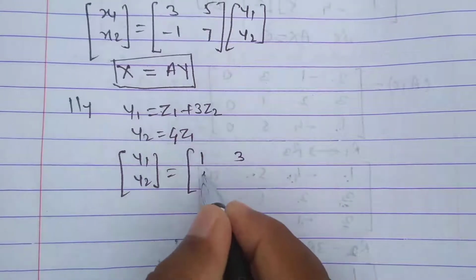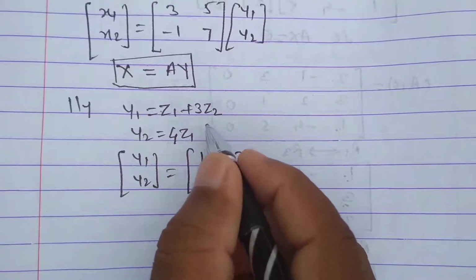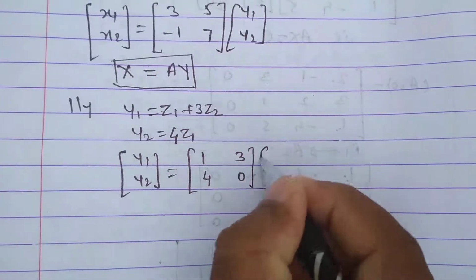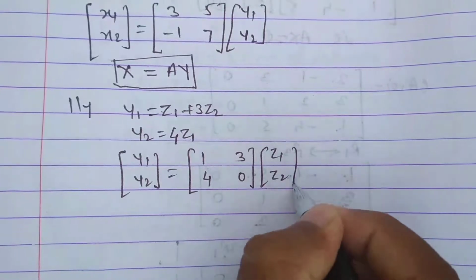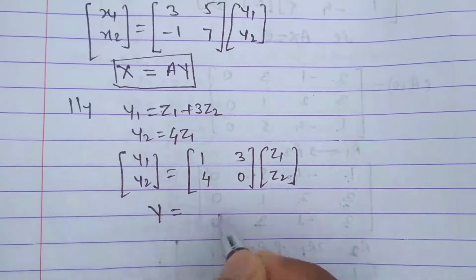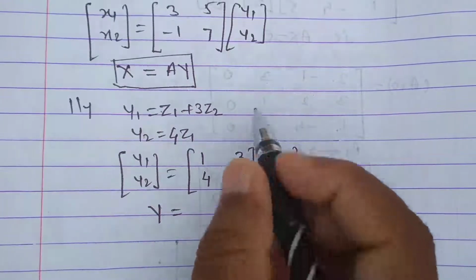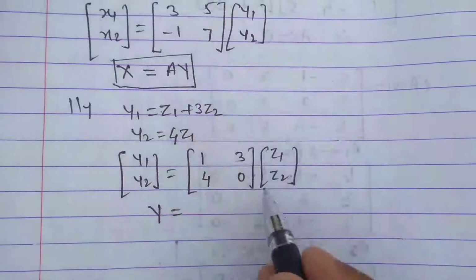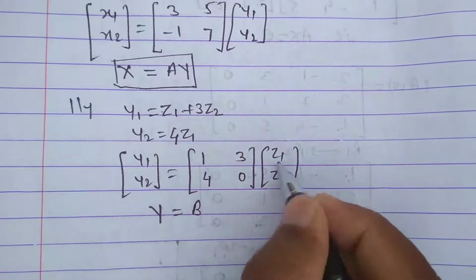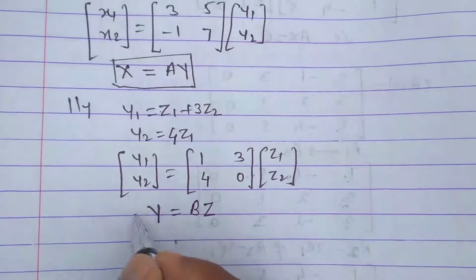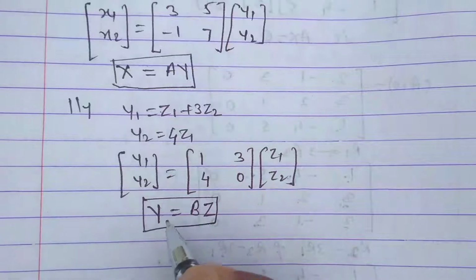Here the coefficient of z1 is 4 and z2 is absent, so the coefficient of z2 is 0, into z1 z2. That means we can write this as y is equal to this matrix. Don't use a again because we already used a here, so call it b, into this z1 z2 as a capital Z. We will get this second transformation.